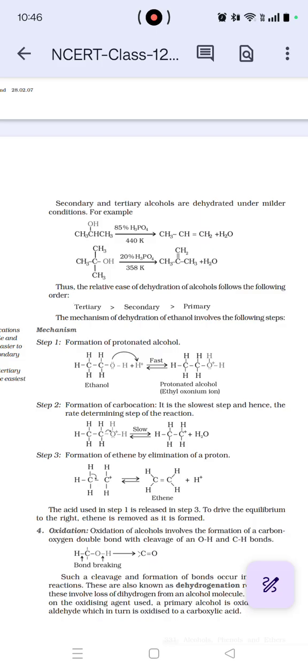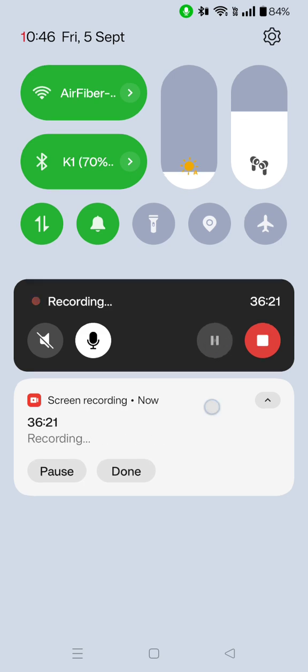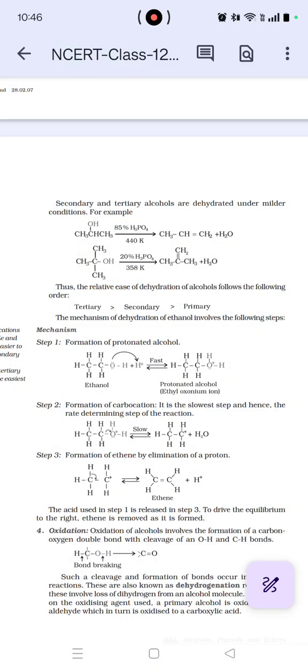For example, CH3CHOHCH3 gives CH3CH=CH2 plus H2O with 85% H3PO4 at 440 Kelvin. Thus, the relative ease of dehydration of alcohols follows the order: tertiary, secondary, and primary.